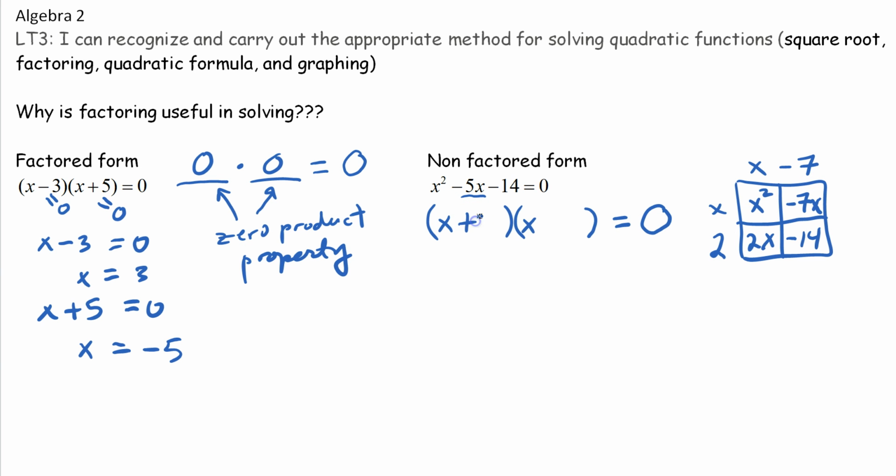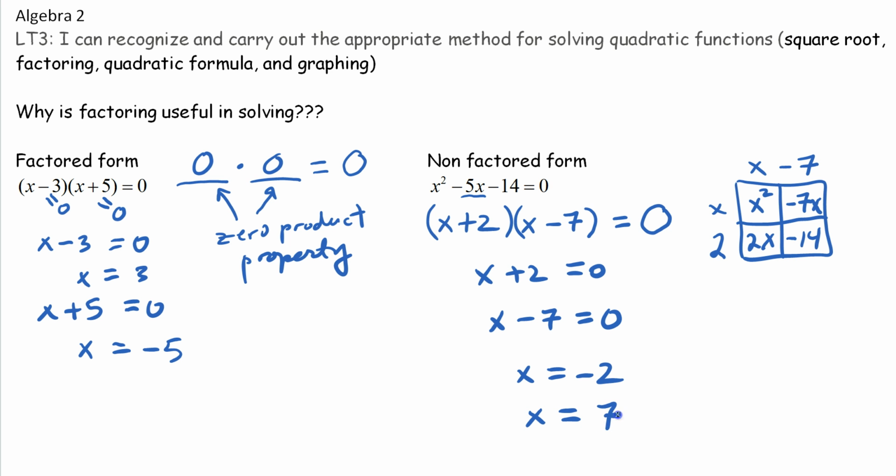So I would have x plus 2 and x subtract 7. So now I have my zero product property. And I would get x equals negative 2, and I would get x equals positive 7.